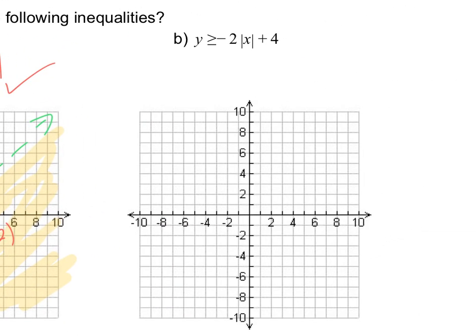All right, the next one. This is going to be a solid line, so that's good. So this tells you this is a reflection, right, because of that negative. It has a stretch by a factor of 2.